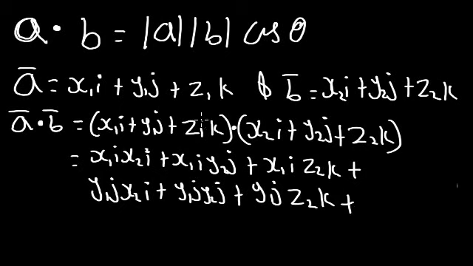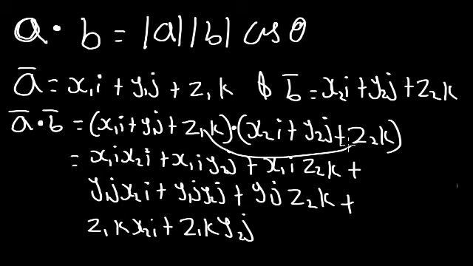And we're adding this to that of z sub 1 k multiplied by x sub 2 i. Then z sub 1 k multiplied by y sub 2 j. Lastly, z sub 1 k, z sub 2 k. Perfect. Now, let's see if there's something we can get here.